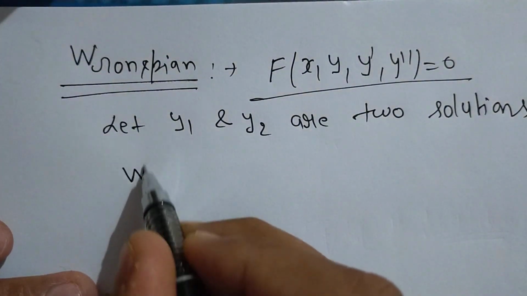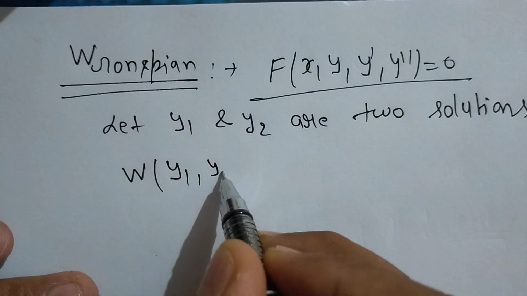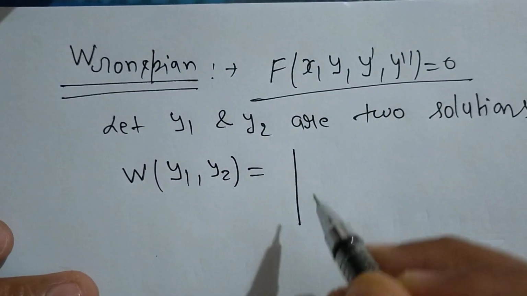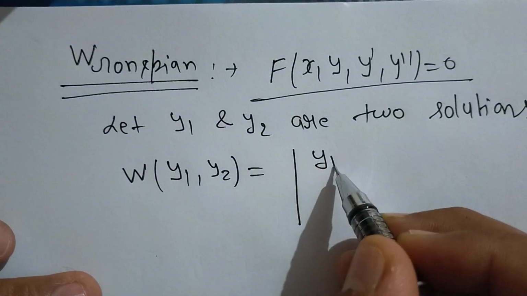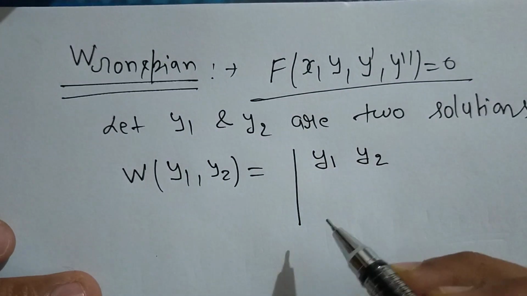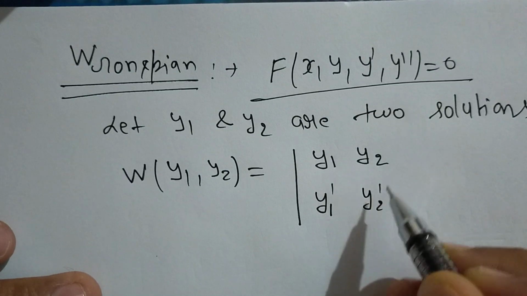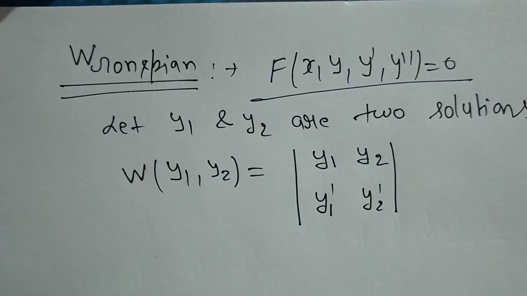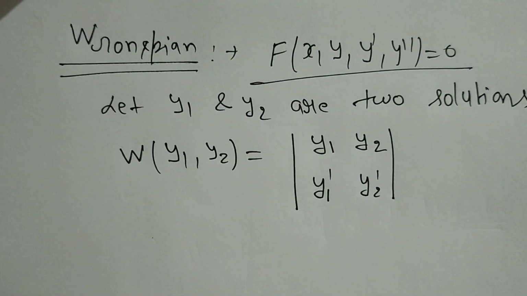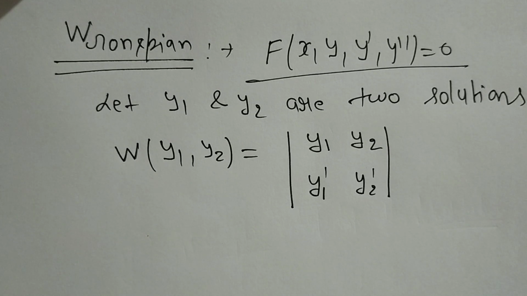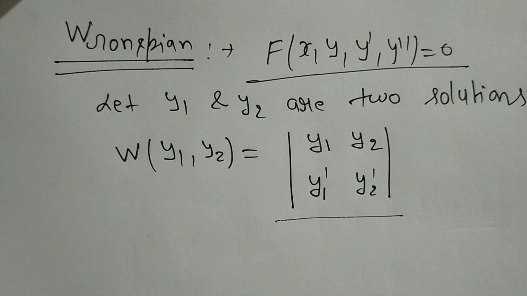We can define the Wronskian of y1 and y2 as the determinant of a 2 cross 2 matrix, where the first row is y1 and y2, and the second row is y1 dash and y2 dash.